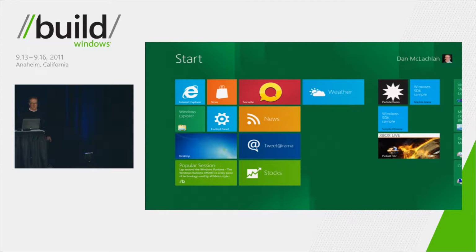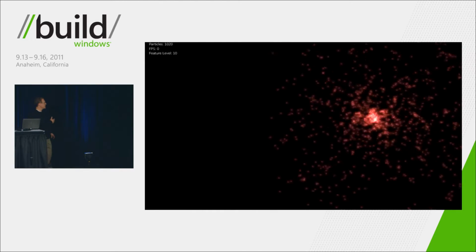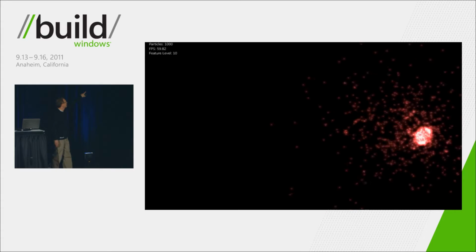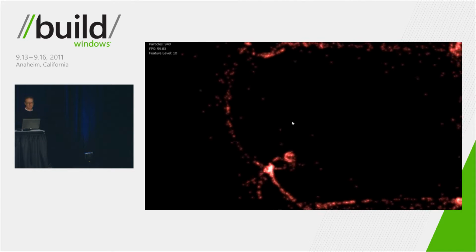This is a 10 device, and this is a particle system demo. You'll notice up here at the top there's a frame counter, so we're getting about 59, 60 frames a second here. And we can interact with this particle system. In the code running here, each particle is being transformed on the GPU.